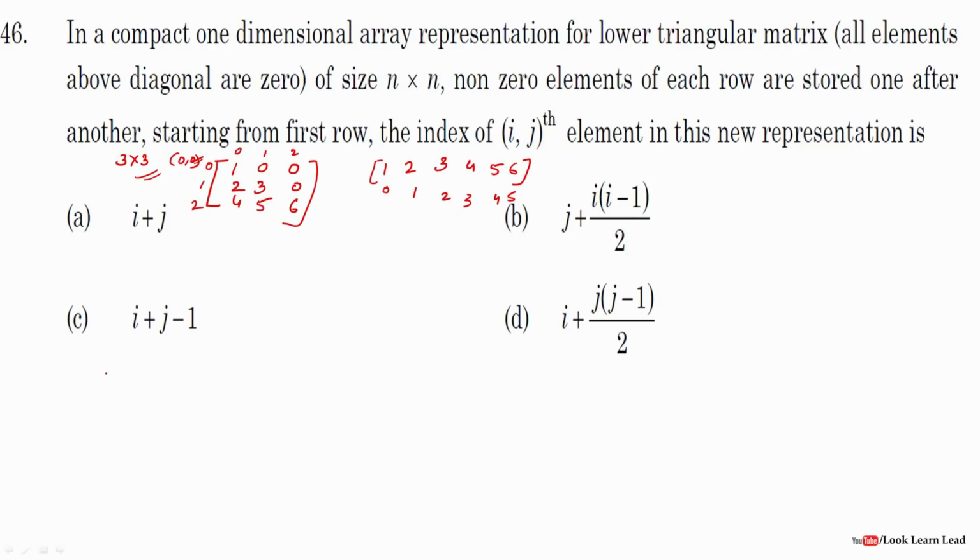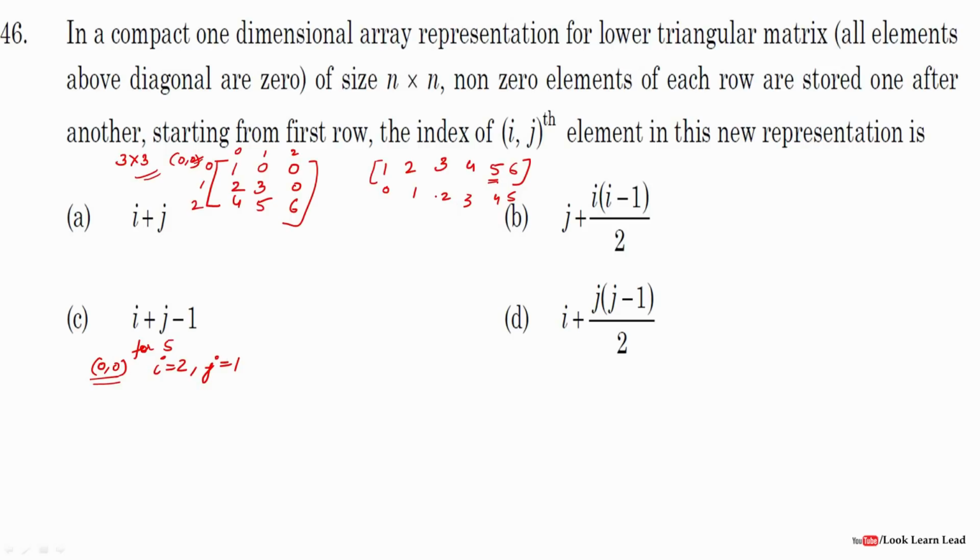Let's consider index 0 0 first, and take arbitrarily the number 5. For 5 the index is 2 comma 1, so i is equal to 2 and j is equal to 1.